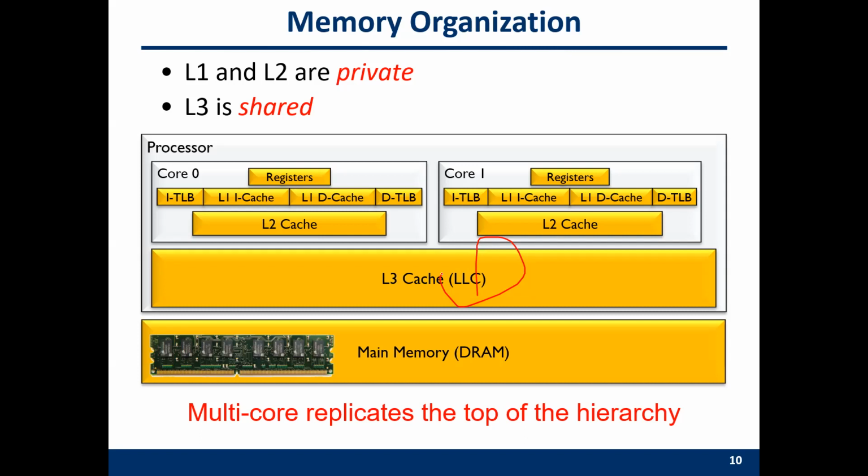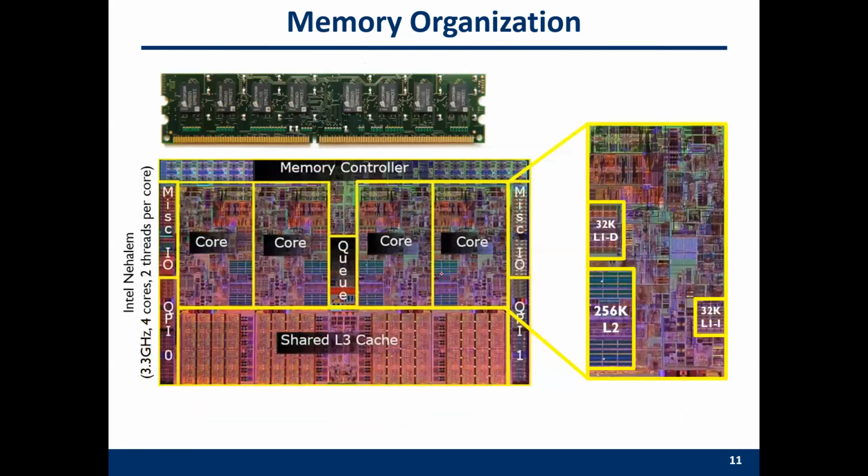So we do need some coordination in the L3, in the shared resources, to keep every core busy or fully utilized. Otherwise, some core with very memory-intensive workloads will dominate the L3, and the other cores cannot use it at all.